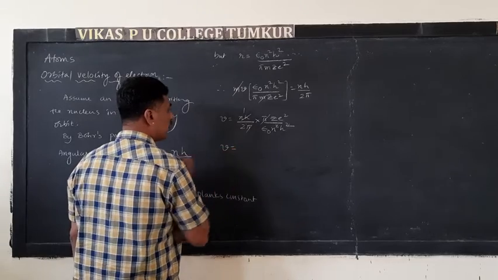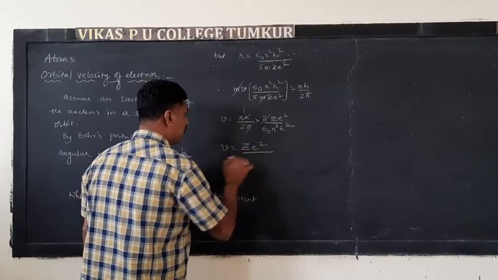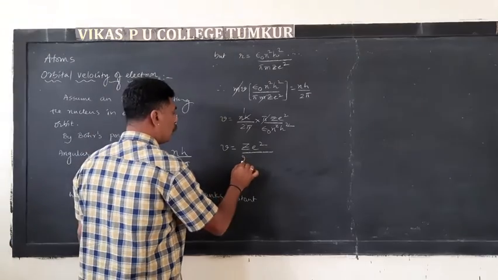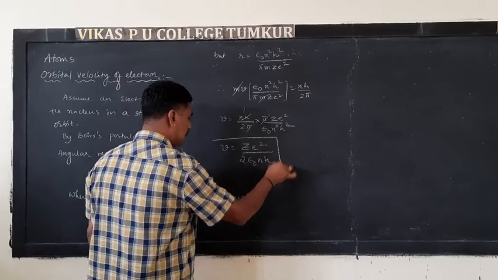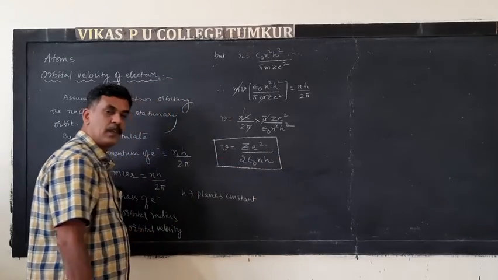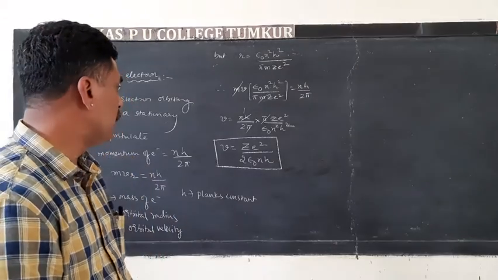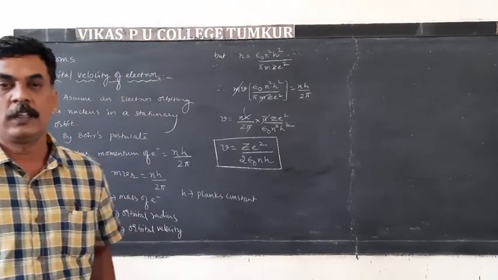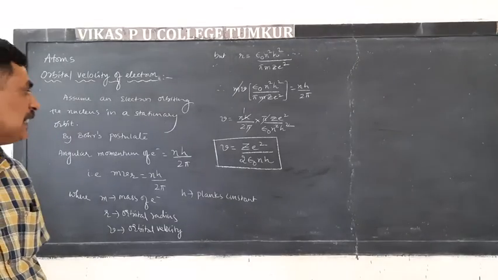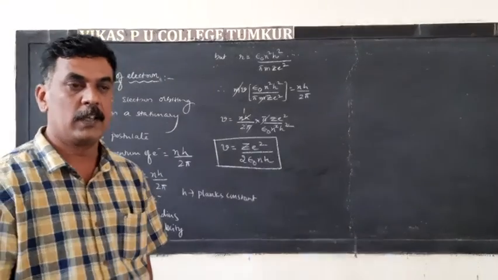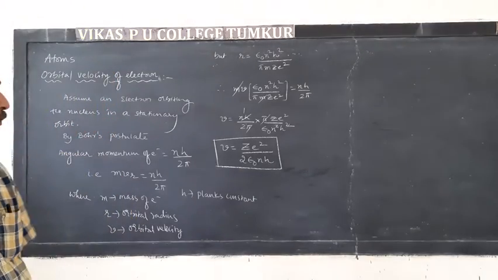What am I left with? I am left with z e square in the numerator, 2 epsilon naught nh in the denominator, which gives you the expression for orbital velocity of electron. Electron orbital velocity v is equal to z e square by 2 epsilon naught nh.